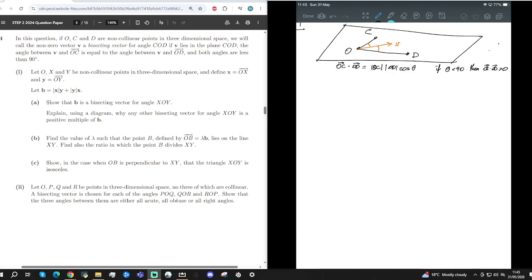And we could probably just force that by taking the modulus of OC dot OD when we do this calculation. And that just enforces that we're pointing in the right directions.